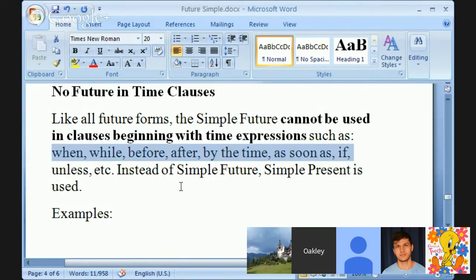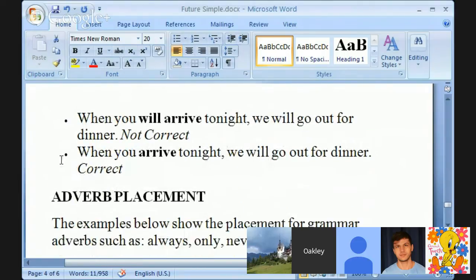We can't use future tense when we start a clause with any of these words. For example, when you will arrive tonight, we will go out for dinner. This is not possible in English. And I think for you Russian speakers, this is very strange. I think it is possible. Very important that you note this.